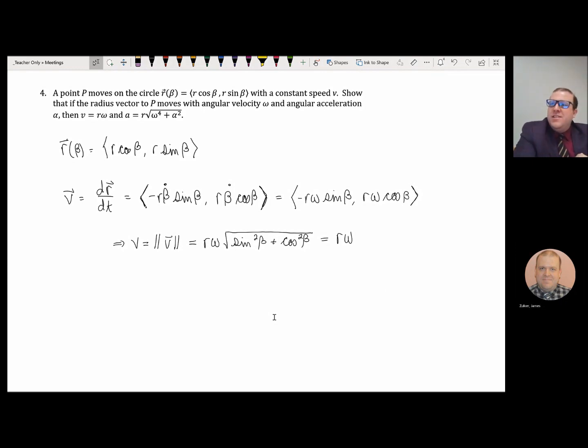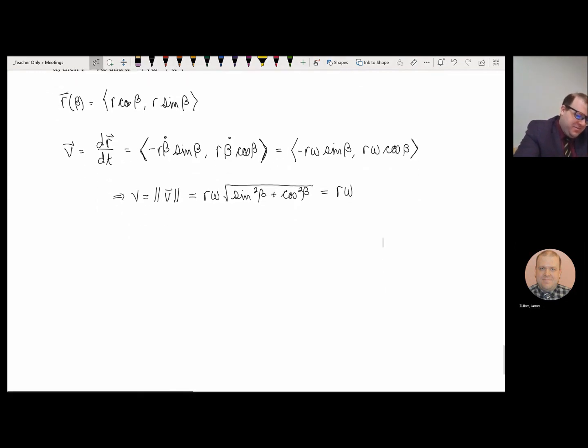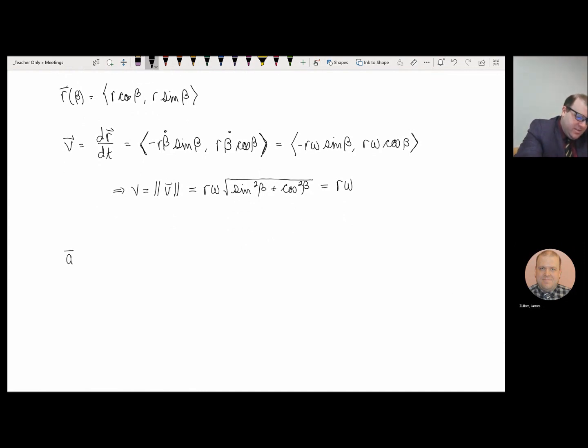Right, so that takes care of the linear speed portion. Linear acceleration. I'm just going to need the acceleration vector first, right? Right, dv dt. First component.